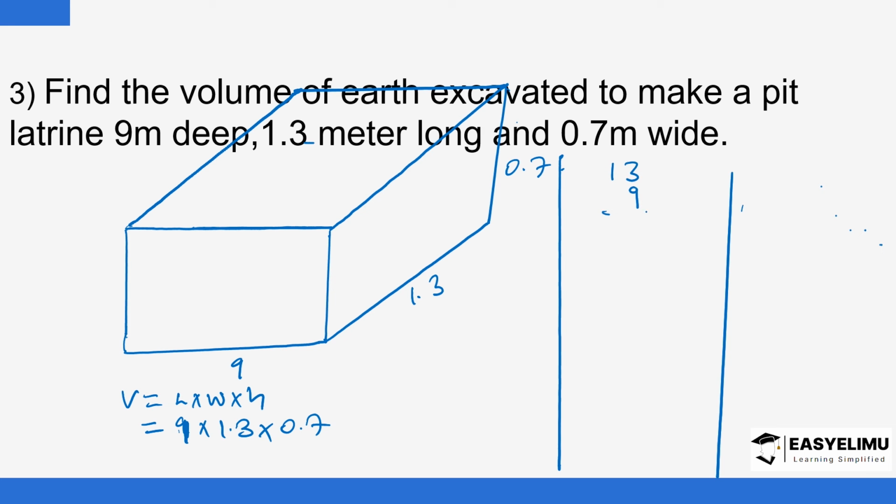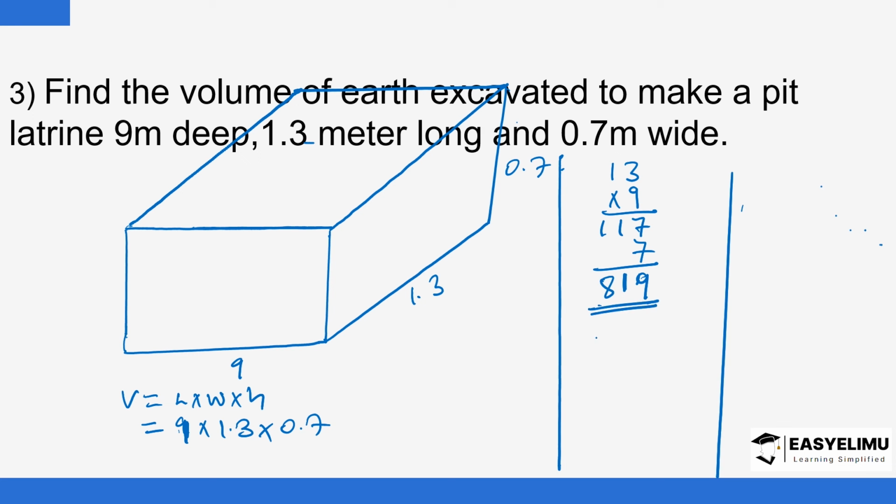So 13 by 9. So 9 by 3 is 27, 7 carry 2. 9 by 1 is 9 plus 2 is 11. Then the result is multiplied by 7 finally. 7 by 7 is 49, 9 carry 4. 7 by 1 is 7 plus 4 is 11. So 1 carry 1. 7 by 1 is 7 plus 1 is 8.